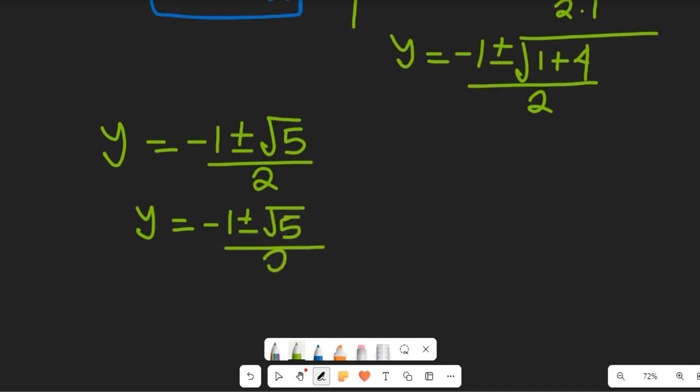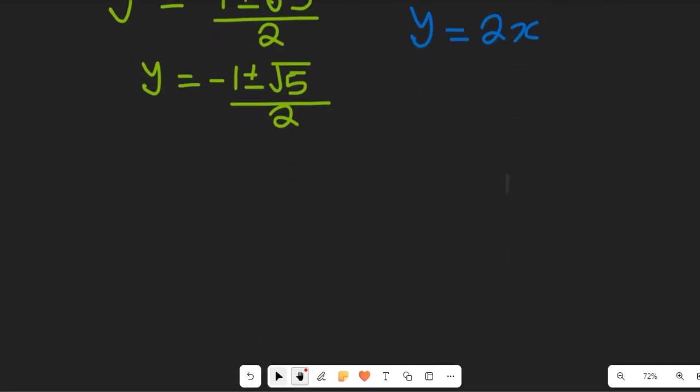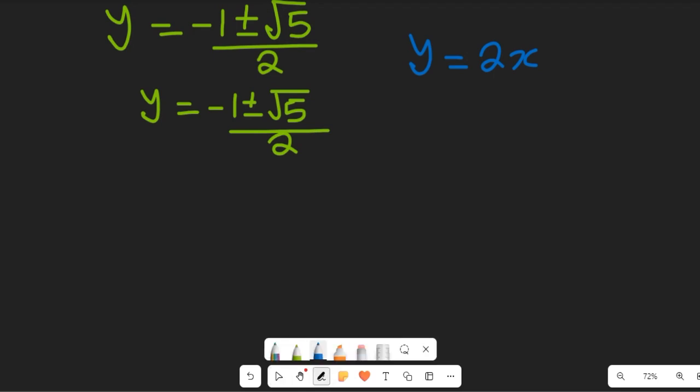Now recall that the value of our y is equal to 2x, right? So if the value of our y is equal to 2x, then we can find the value of our x. That will give us 2x equal to -1 plus or minus the square root of 5 divided by 2, right? Good. So we are asked to find the value of x.